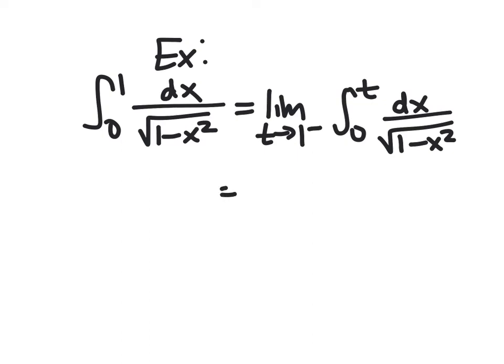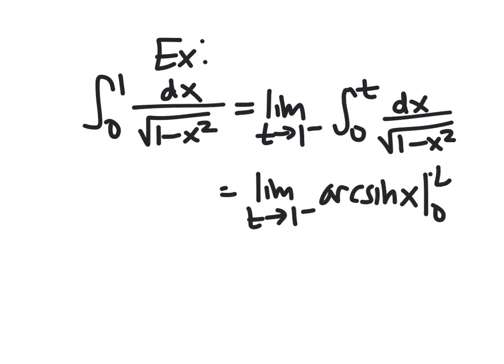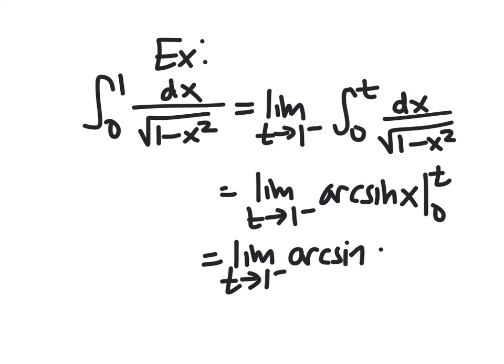Like I said, this is arcsine. So we have the limit of arcsine of x from 0 to t. So do we remember what happens with arcsine as t approaches 1? So arcsine of t approaches 1 from the left.